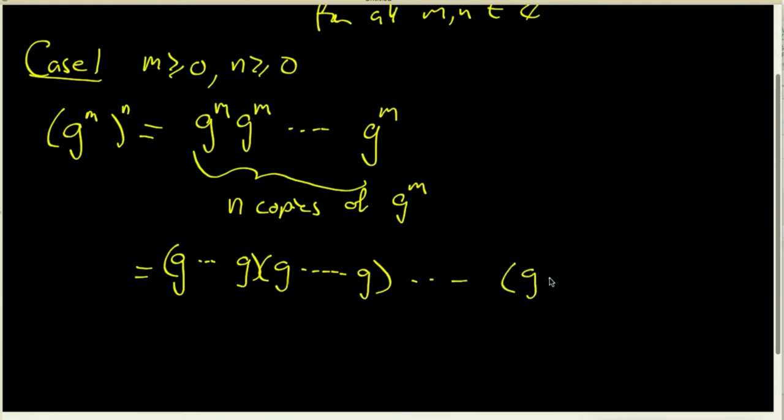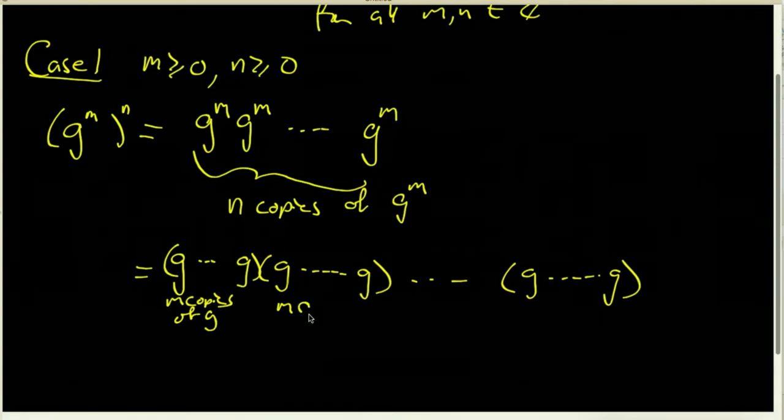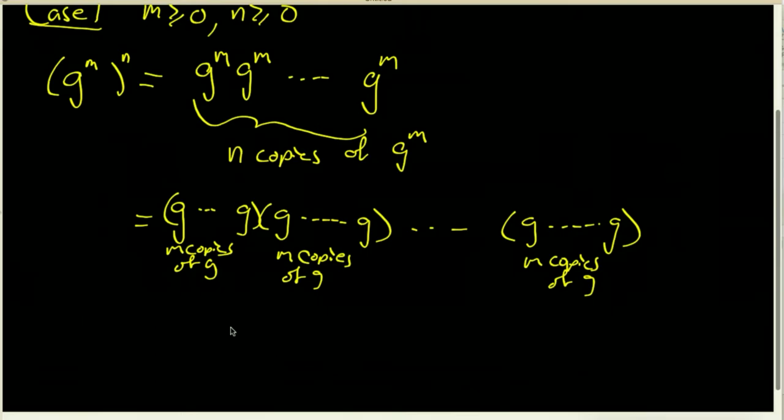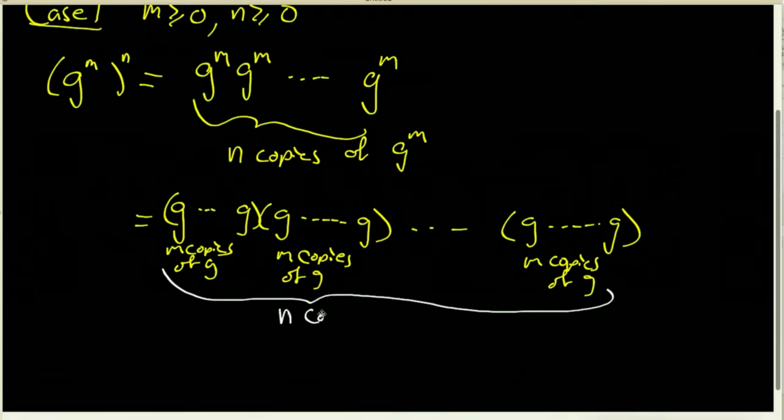And so what we're looking at is m copies of g in each one of these little parentheses. And we have a grand total of n copies of m copies of g.